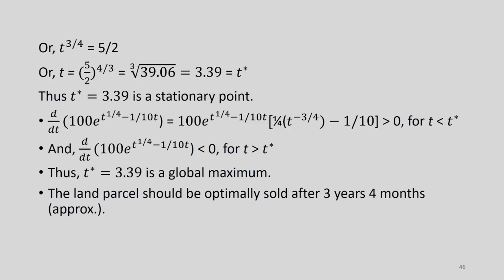So, t to the power 3/4 is equal to 5 divided by 2, and then t is equal to 5 divided by 2 to the power 4 divided by 3.